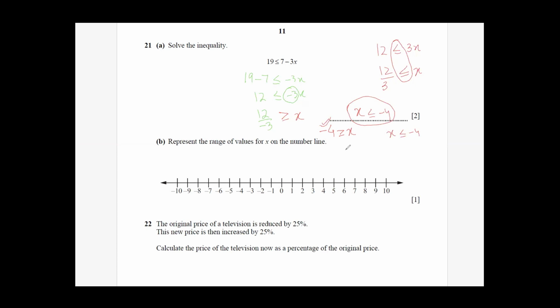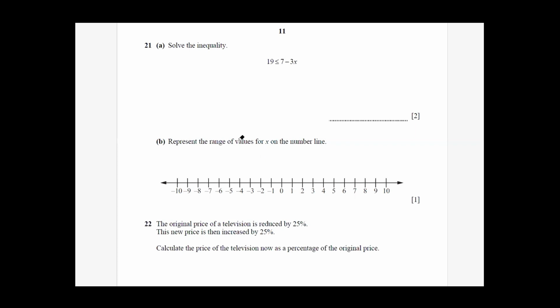Now represent the range of values for x on the number line. The values of x should be lesser than or equal to negative 4. So the answer is going to be depicted like that.